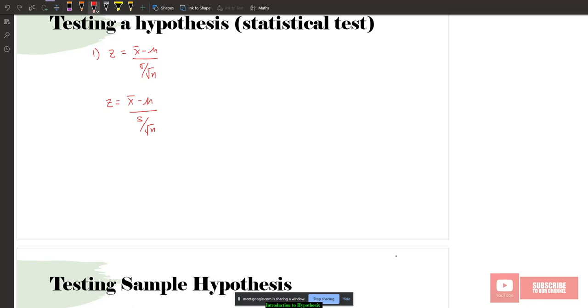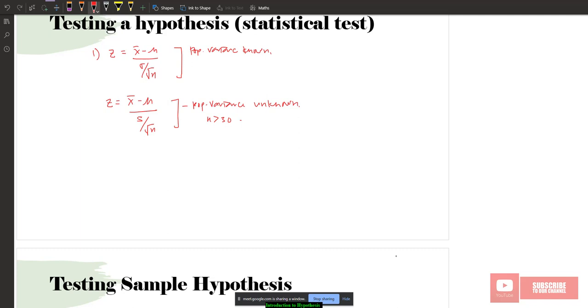The first is when the population variance is known. The second is when the population variance is unknown, provided n is more than 30. For the first one, we don't care whether n is less than 30 or more than 30, as long as the population variance is known.